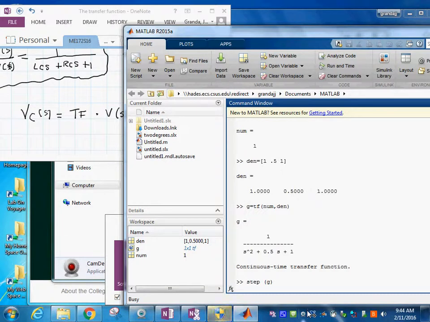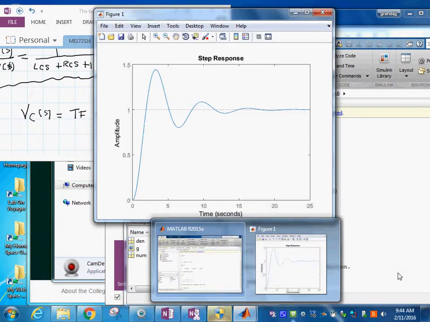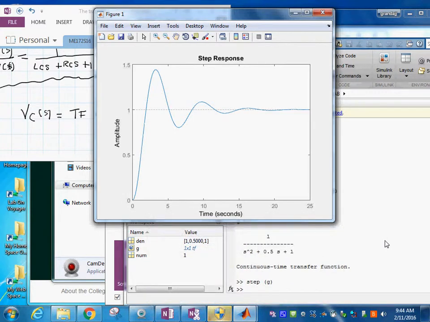So it would be helpful to remember how you enter this into MATLAB and how you could do other things here, because the computer knows what the transfer function is. In fact, if you type G, it's going to give you the transfer function.